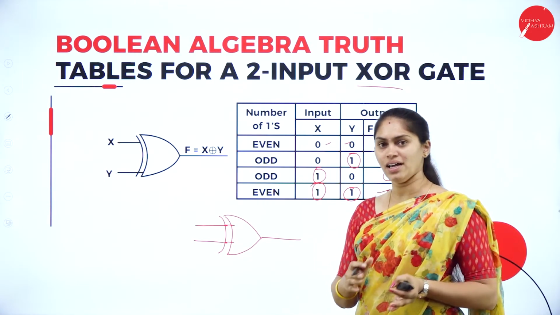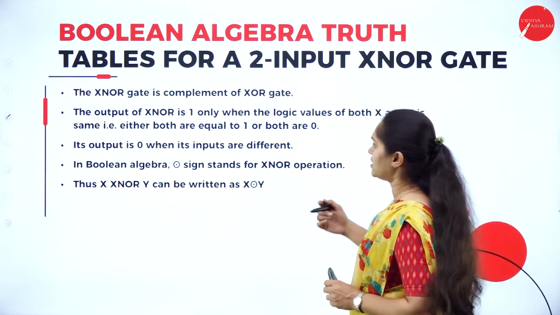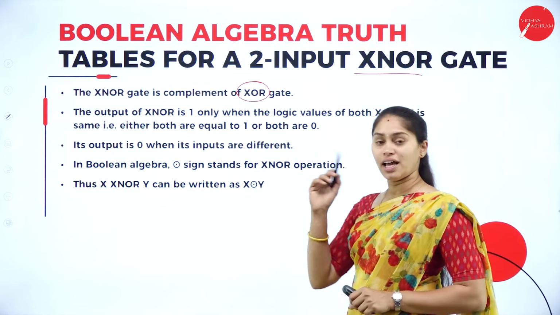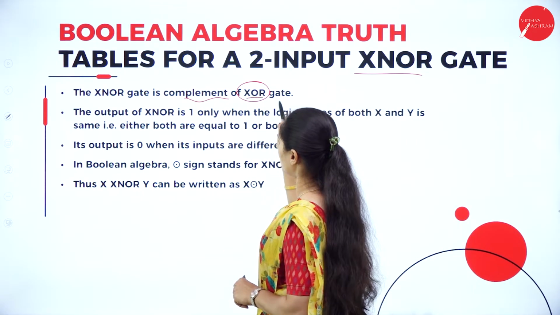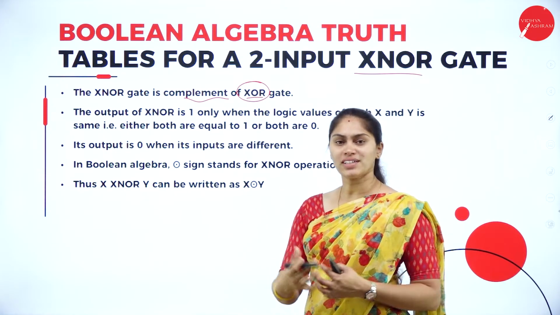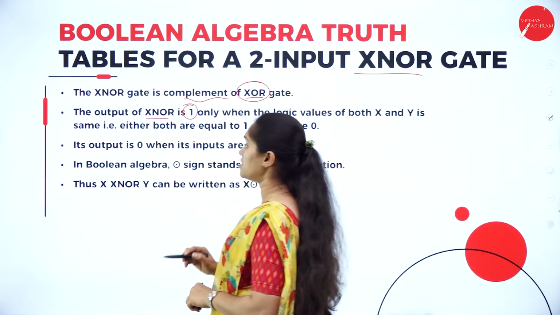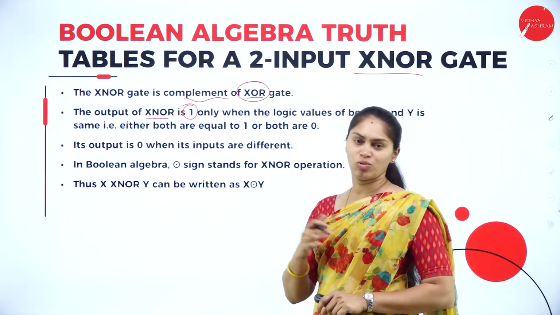What if I add a NOT gate to it? Then it becomes XNOR. This is just the complement of the XOR gate. This XNOR, exclusive NOR gate, is the inverse or complement of the XOR gate. Then what kind of output will it produce? The output of XNOR is 1 when both the input signals are the same, whether 0, 0 or 1, 1.